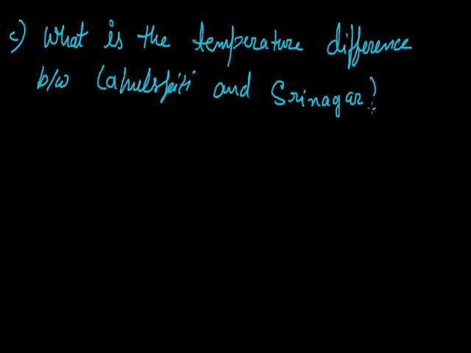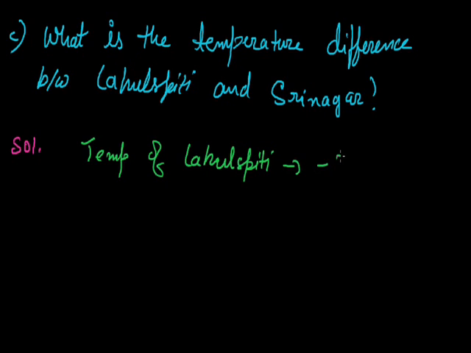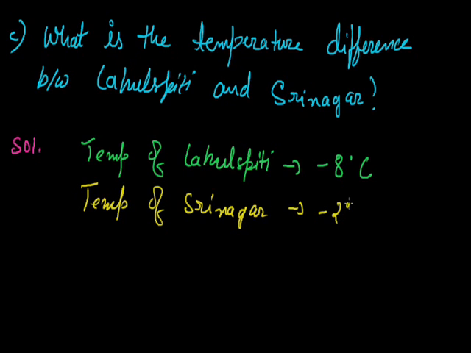Now we know that the temperature at Lahul Spiti is minus 8 degree centigrade and at Srinagar it is minus 2 degree centigrade. So the temperature difference between them will be, first let us write the temperature of Lahul Spiti, that is minus 8 degrees centigrade. Temperature of Srinagar is minus 2 degrees centigrade.